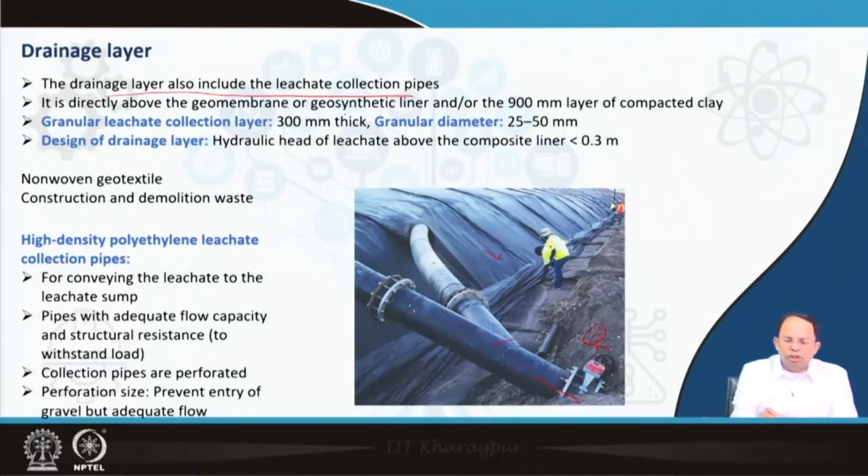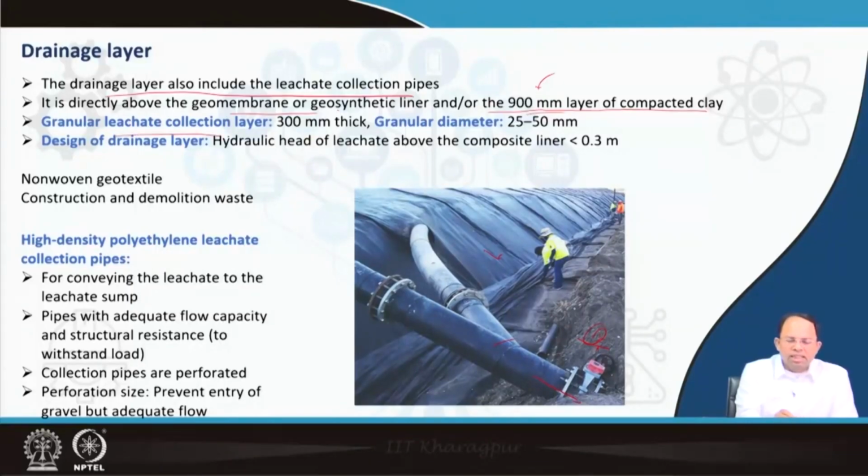It is directly above the geomembrane or geosynthetic liner or the 900 millimeter layer of compacted clay. So either the drainage layer is above the 900 mm of compacted soil, or it is above the geosynthetic liner, whichever may be the design of the liner of that particular landfill.